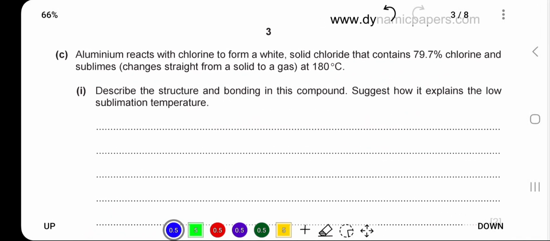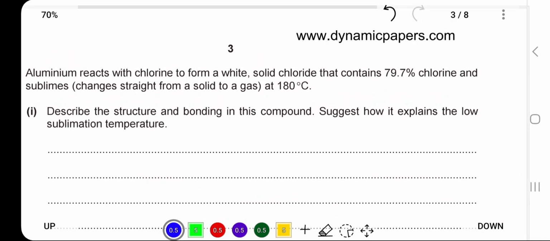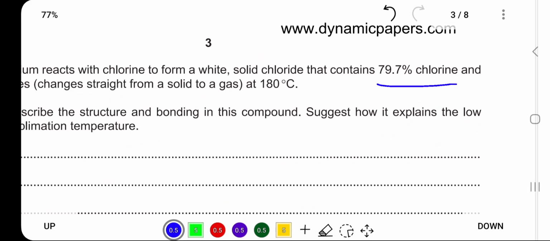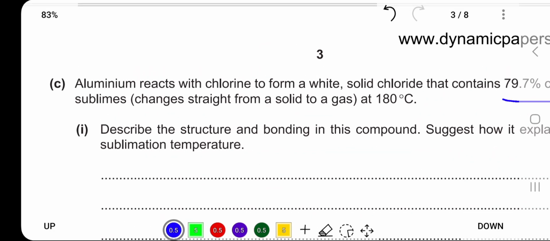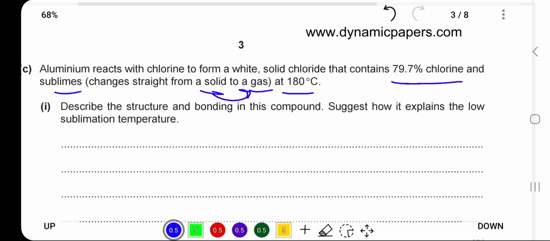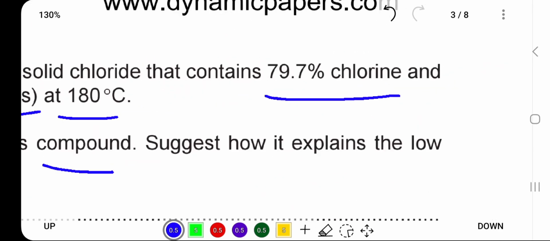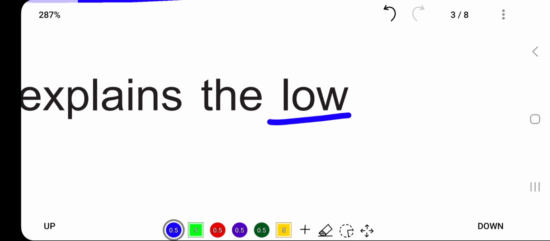Now, aluminium reacts with chlorine to form a white solid chloride that contains 79.7% chlorine, and sublimes, which means that it changes from solid to gas. Describe the structure and bonding in this compound formed from aluminium and chlorine, and suggest how it explains the low sublimation temperature. This is a very important point.